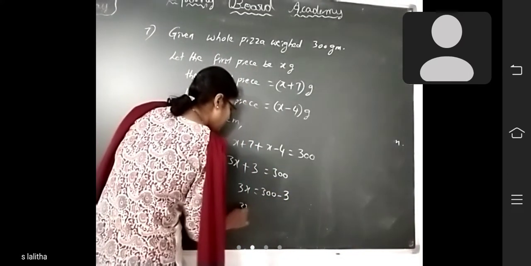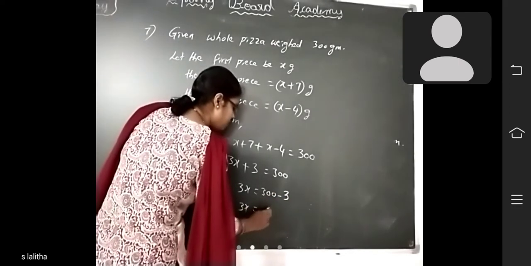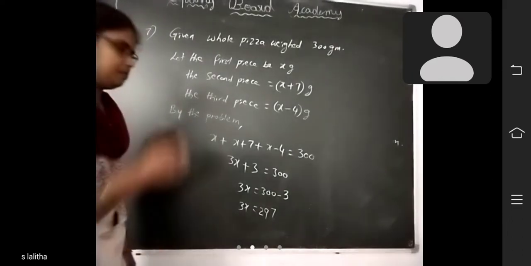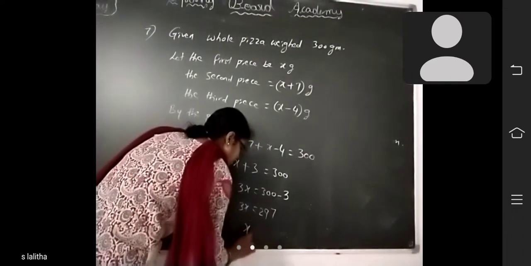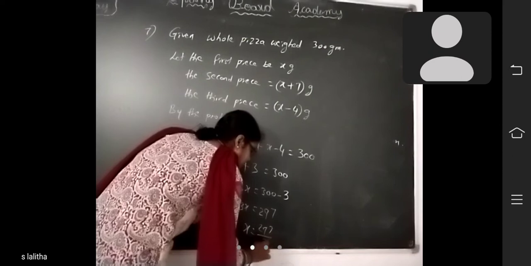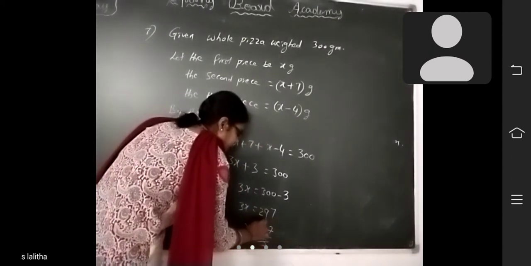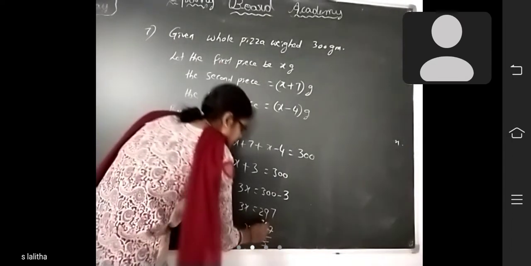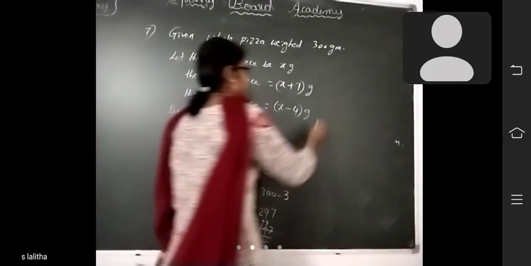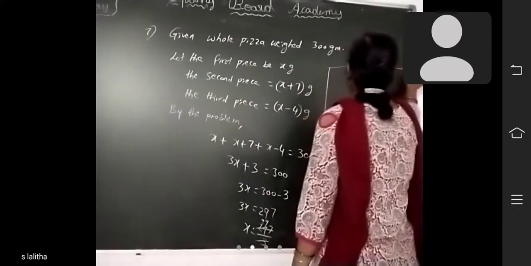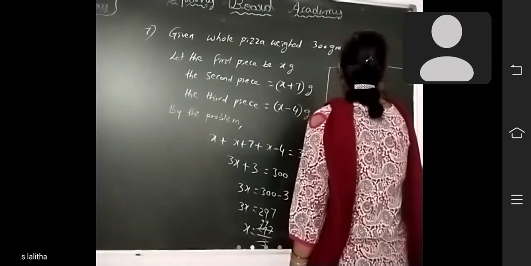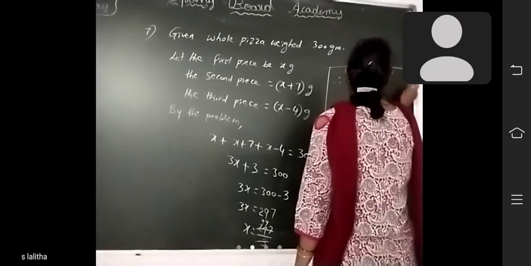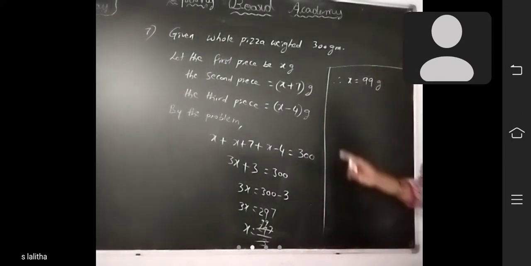So 3x equal to 300 minus 3, which is 297. So x is equal to 297 by 3. 3 9s are 27, 2 is remaining, 27 again, 9s 27. So therefore x is equal to 99 grams.